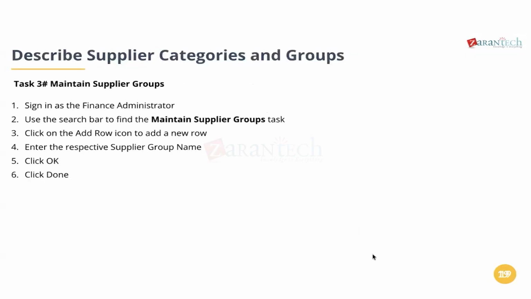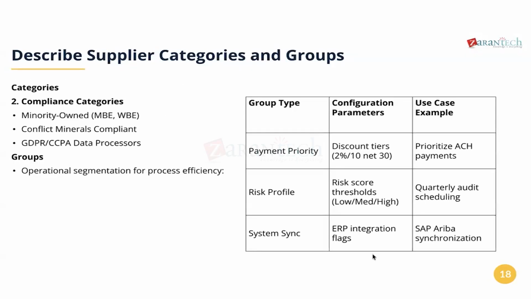Along with that, you will also hear a term about 1099 supplier. So what is a 1099 supplier? It's very specific to US. A 1099 supplier is any supplier that is issued a US IRS 1099 form at the end of the year.